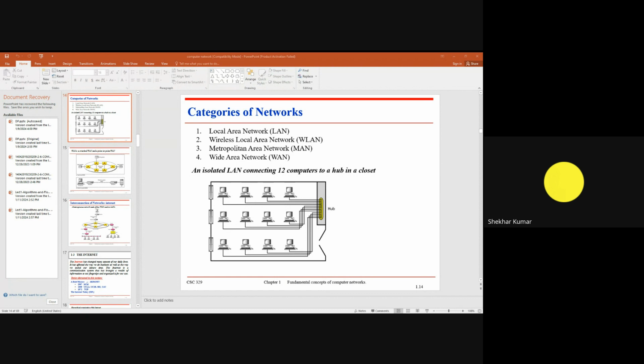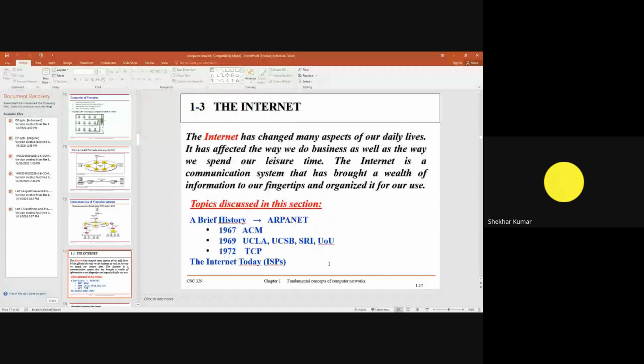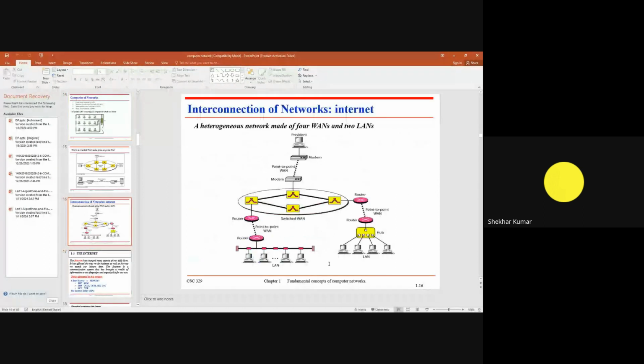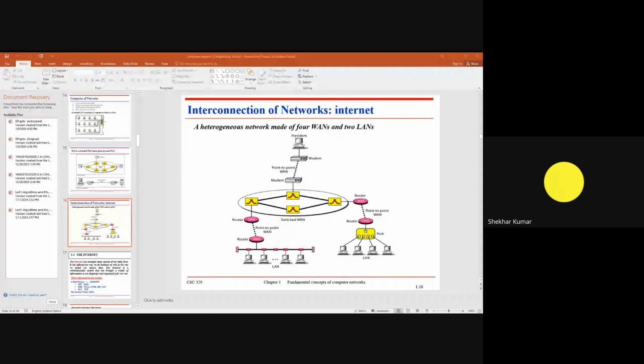Then there exists the metropolitan area network, that is called your MAN. A metropolitan area network, or MAN, is a large computer network that spans a metropolitan area or a campus in a city.